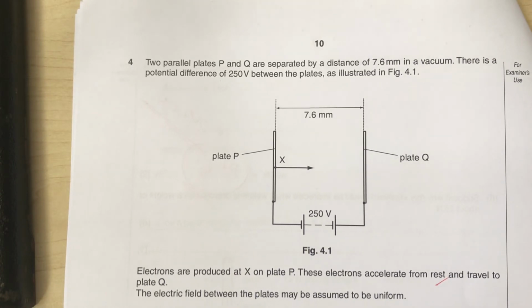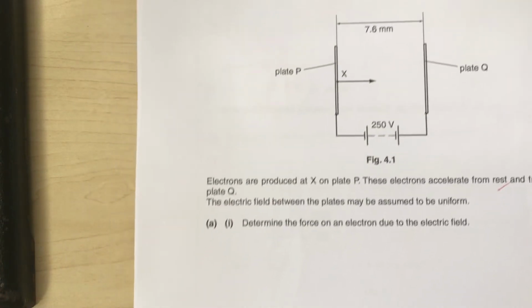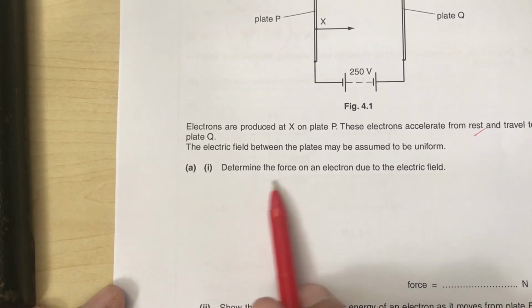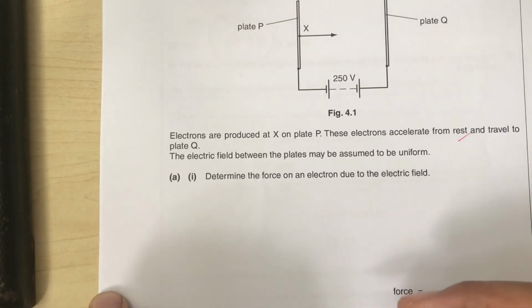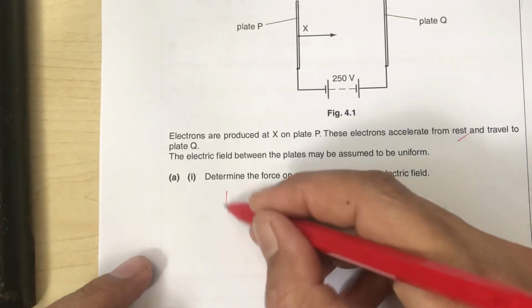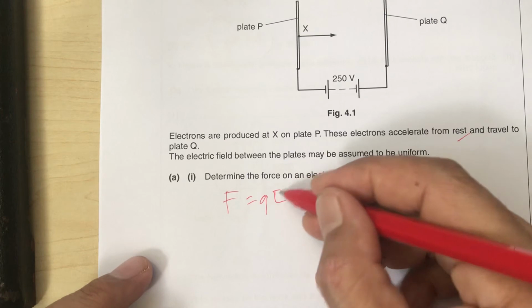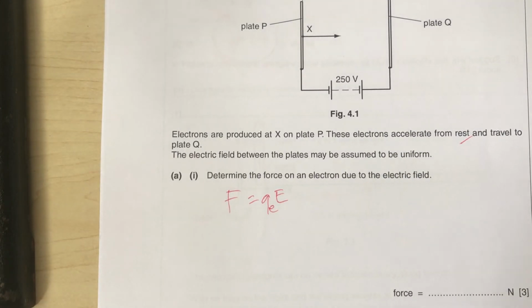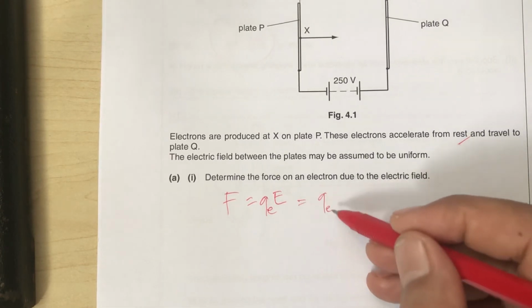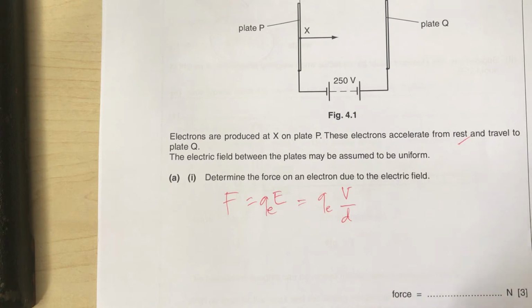Determine the force on an electron due to the electric field. So force equals QE, where Q is the charge of the electron times the electric field. The electric field means V over d.